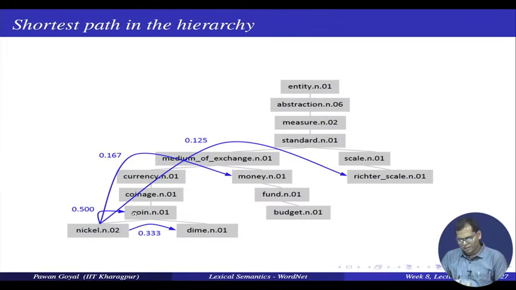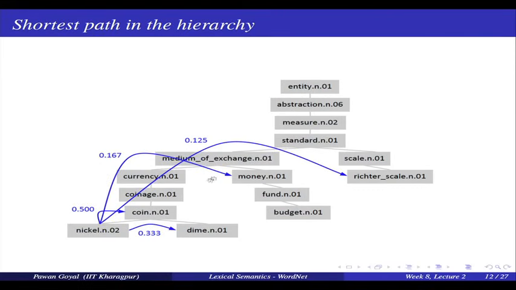If you think about it, as we are going down in the hierarchy, we are moving to very, very specific concepts. So when we are moving to specific concepts, the same path length should amount to a higher similarity than it was doing earlier. So the similarity of entity and abstraction should be much lower than the similarity of coin and nickel, which should be very, very high.